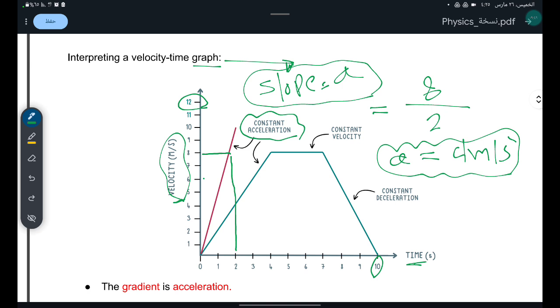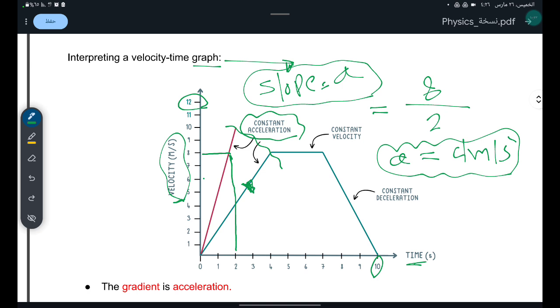Constant acceleration is equal speeds with equal times, equal distances with equal times. The red line and the green line both represent a constant acceleration.